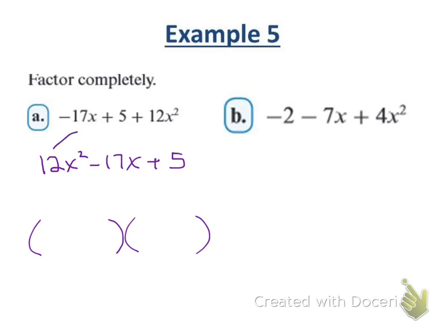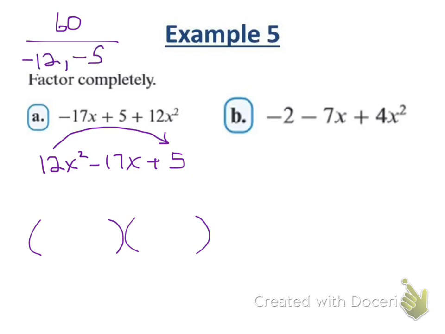I'm going to multiply 12 times 5, and that's going to give me 60. What are the factors of 60 that add up to be negative 17? Okay. Well, this is going to take a minute. Negative 12 and negative 5.